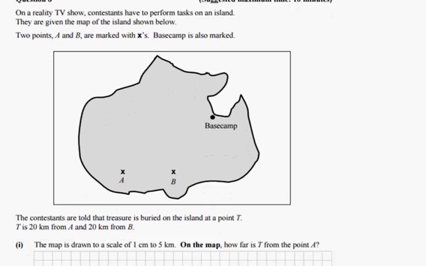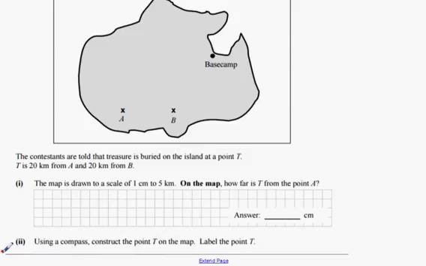The contestants are told that treasure is buried on the island at a point T. T is 20 kilometres from B and 20 kilometres from A. The map is drawn to a scale of 1 centimetre to 5 kilometres. What does that mean?